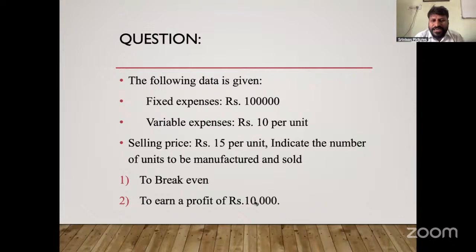First we have to calculate the break-even point. Selling price is 15 rupees per unit, and variable expenses is 10 rupees per unit. So here break-even point we have to calculate, and the second question is, to earn the profit of 10,000, what is that?